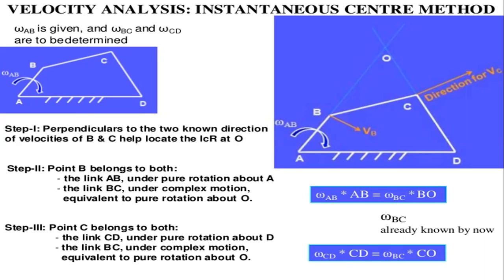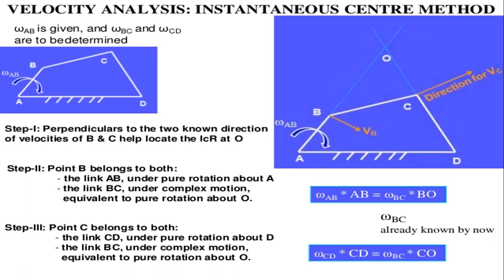And next, step 2: point B belongs to both the links, AB under pure rotation about A. So AB is the link here. It rotates in this direction.